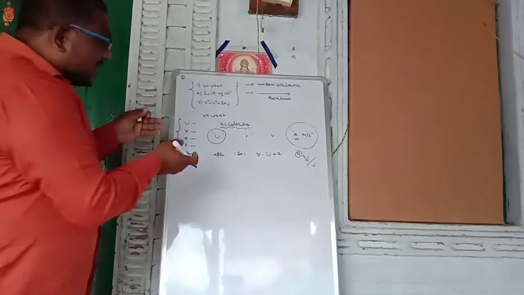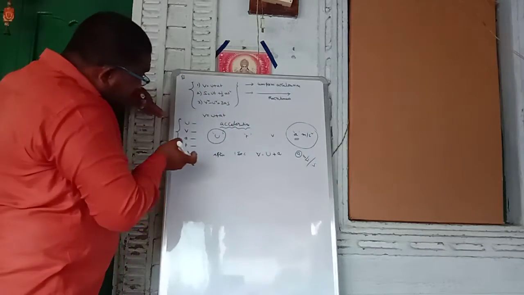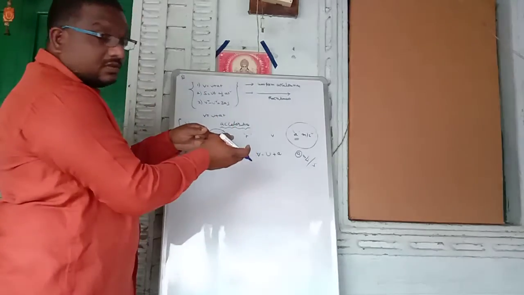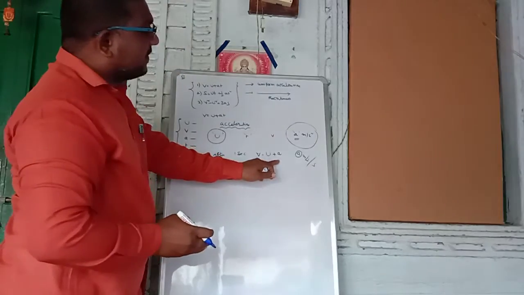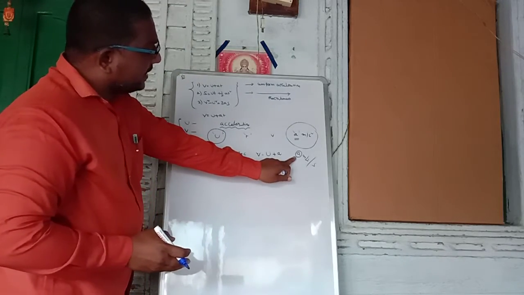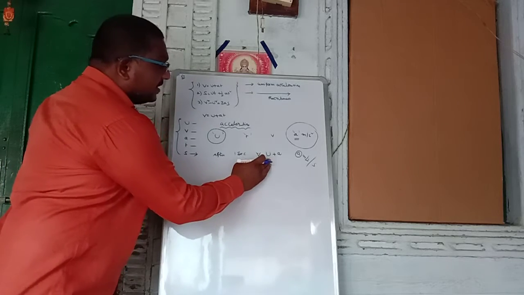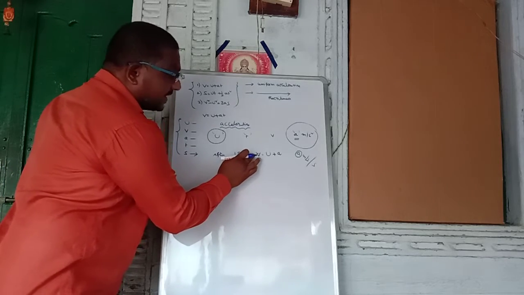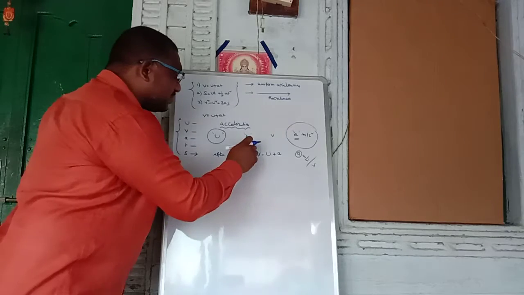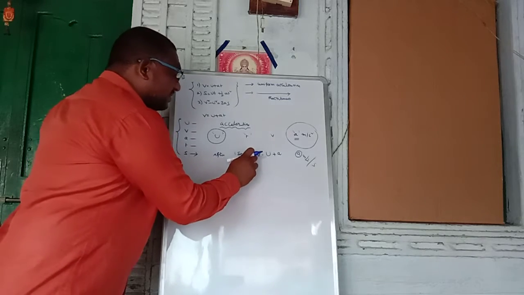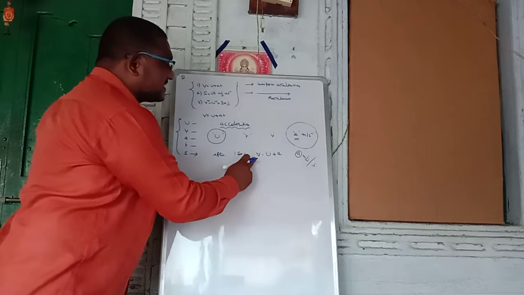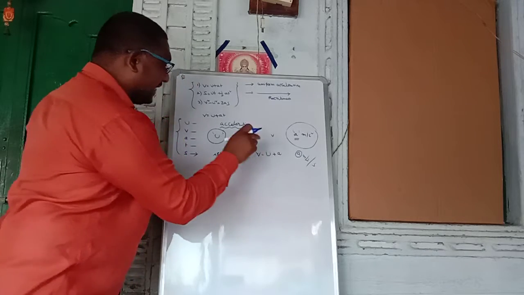So here velocity is increasing in equal magnitude. Every second the velocity of the body is increased by a. So after 1 second the final velocity is V is equal to U plus A, where we use the letter V to represent the final velocity.